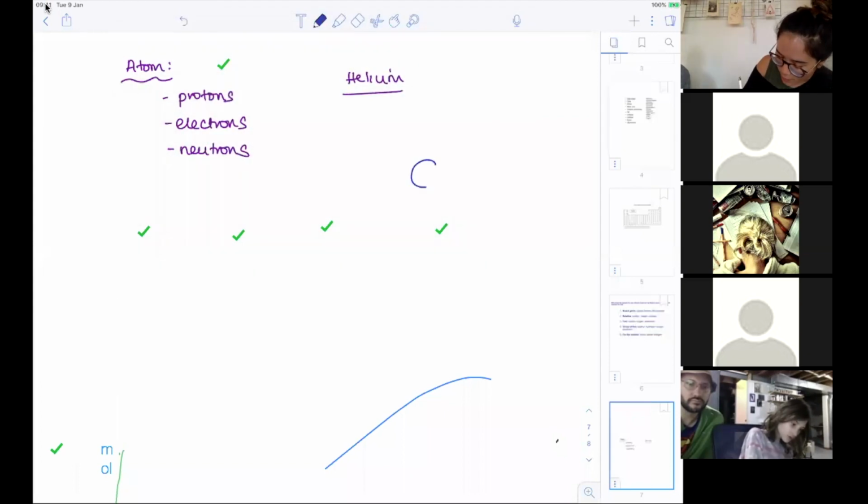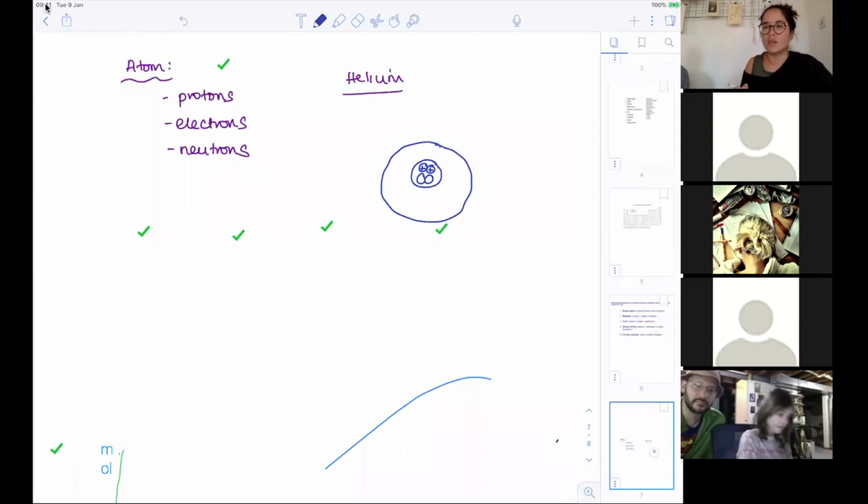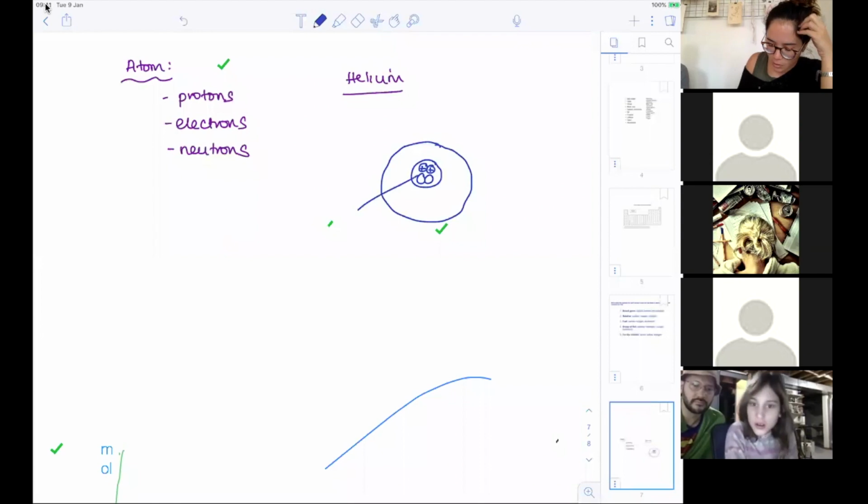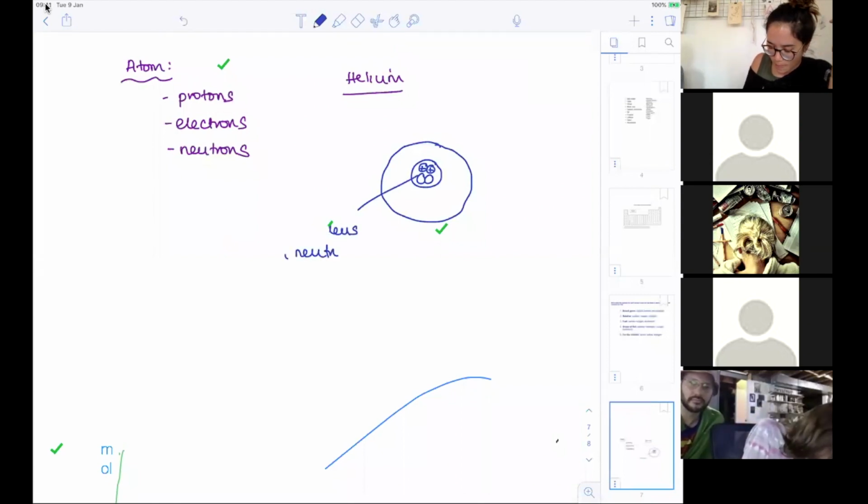Well, you have a central nucleus which contains protons and neutrons, and then surrounding that nucleus you have what's known as shells of electrons. And sorry, that's really wobbly, but this is exactly how you have to draw the structure of an atom. So just to notice, here's the central nucleus, which contains the neutrons and the protons.